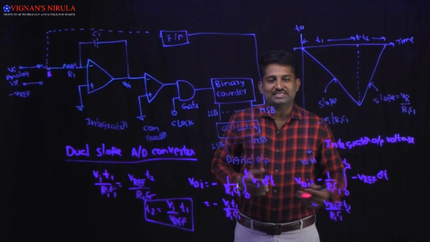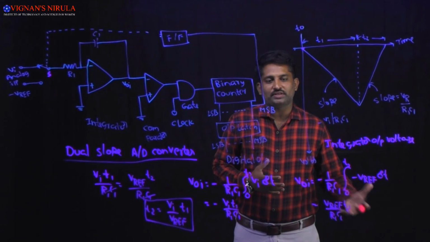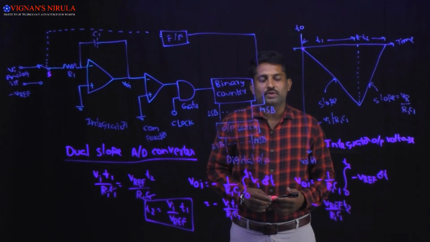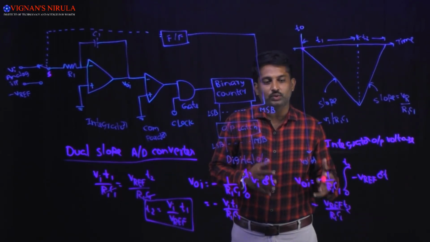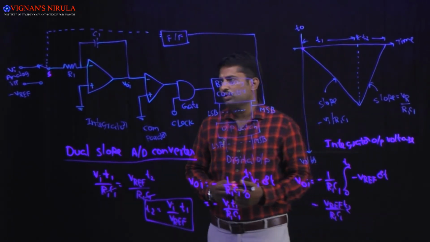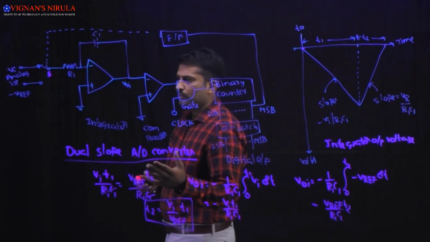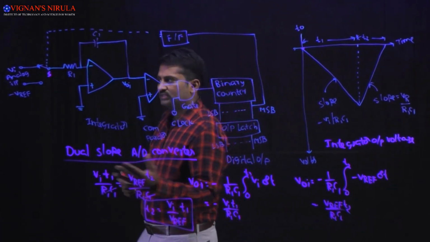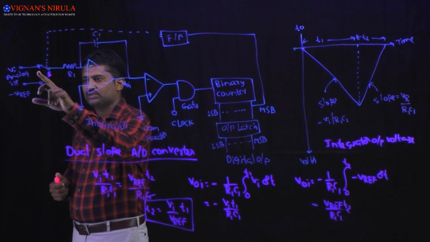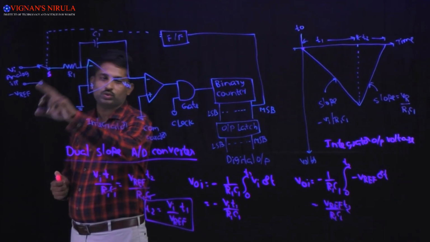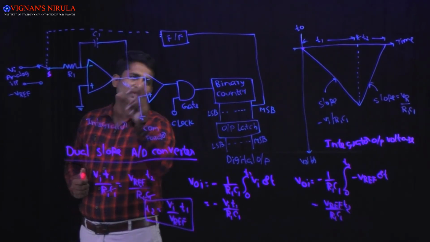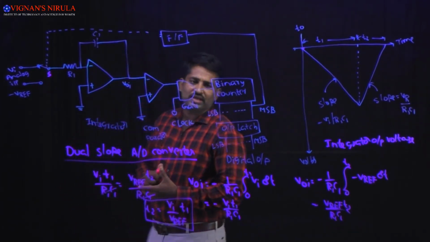We are going to discuss another type of A to D converter. The dual slope A to D converter is an indirect type of A to D converter. It converts the analog input voltage Vi and the negative reference voltage into time slots, which are then measured by the binary counter.